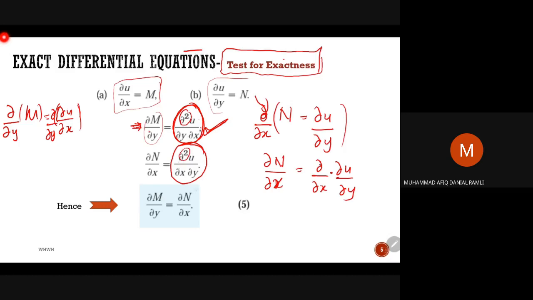So from here, we come to the conclusion that del m over del y is equal to del n over del x.